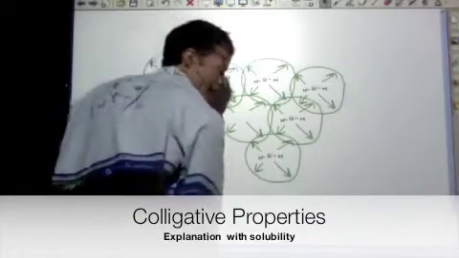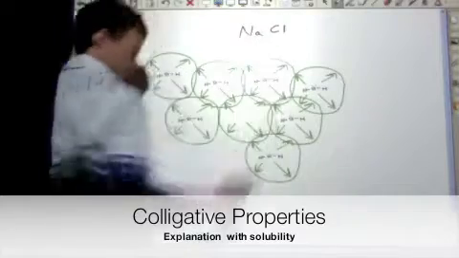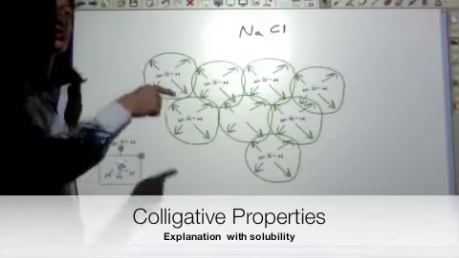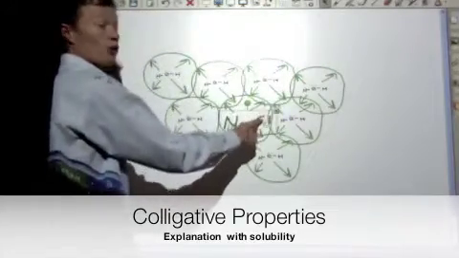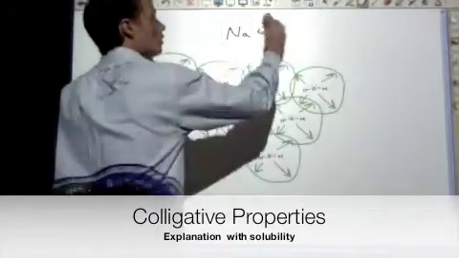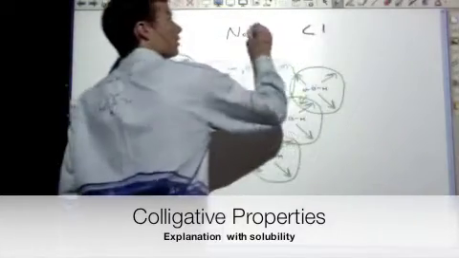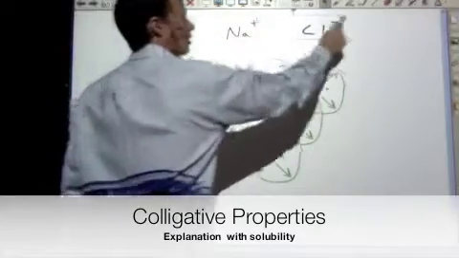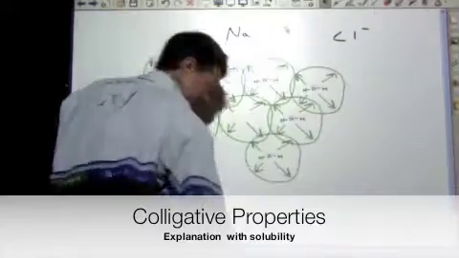What happens if I add a salt? If I add NaCl, now it doesn't just dissolve, but when NaCl goes into the solution, there's so much attraction to both of these that NaCl is going to dissociate. So I've got ions that I'm putting into the solution.